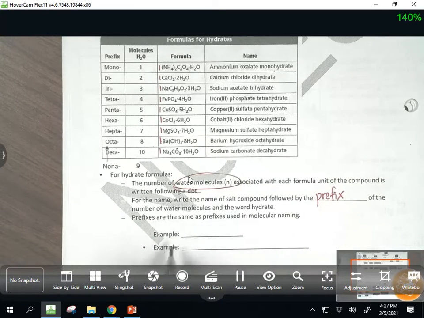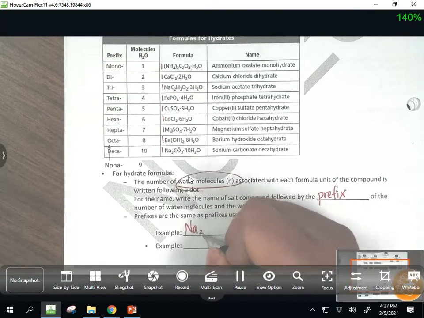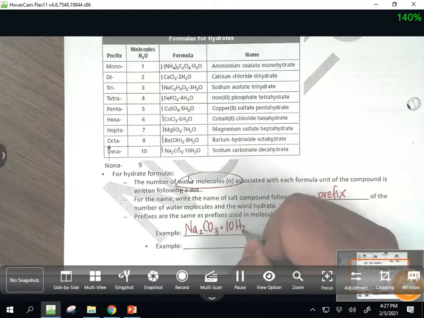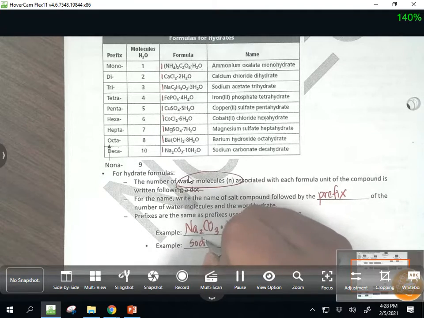All right. So for example, if I have Na2CO3·10H2O, I name this ionic compound. Na is a metal. It's not a transition metal, so the name is sodium.